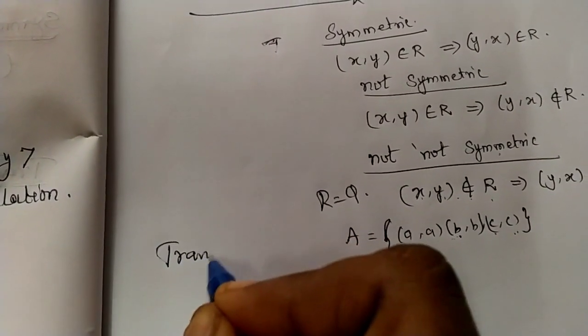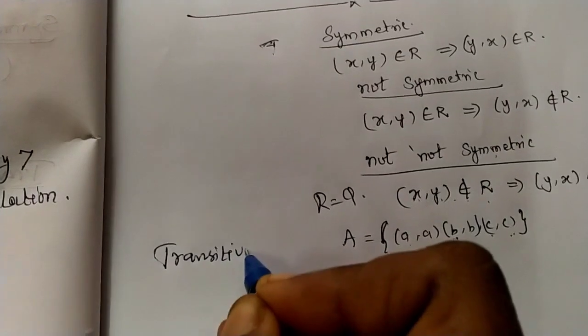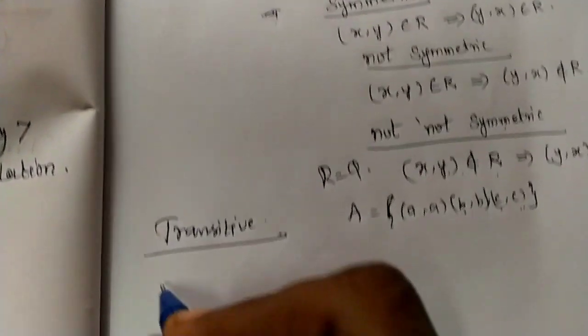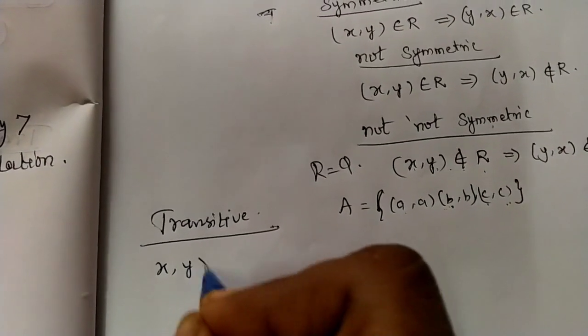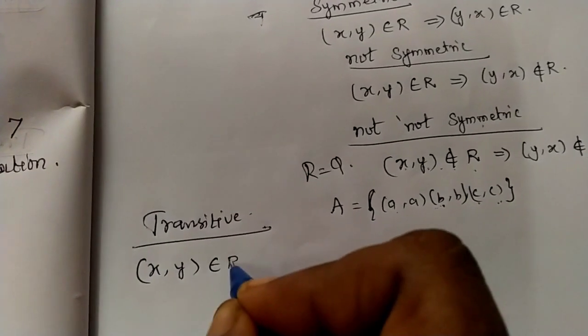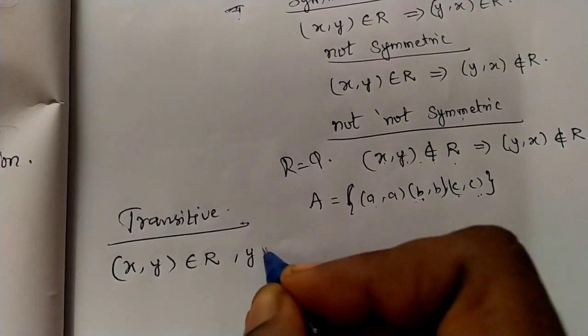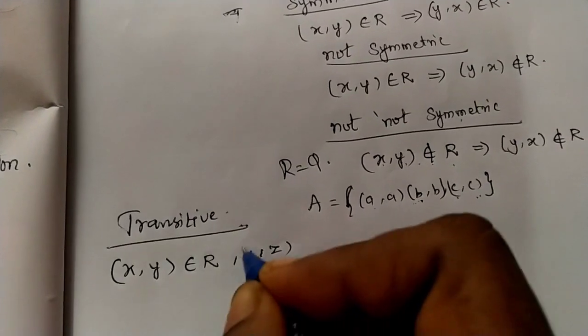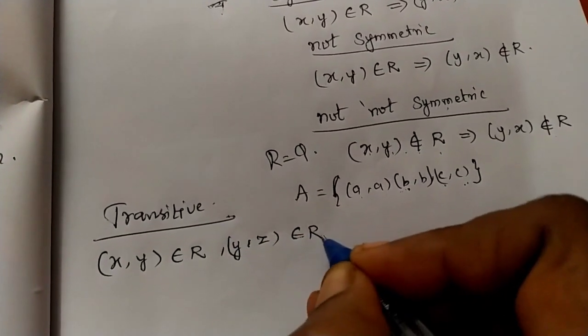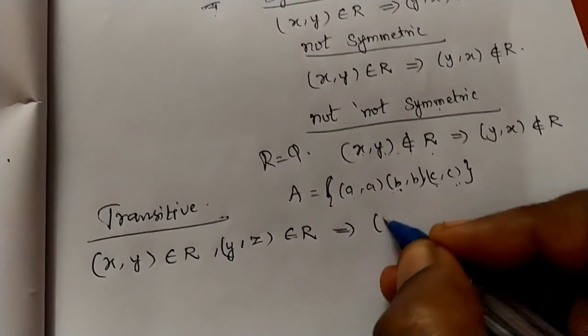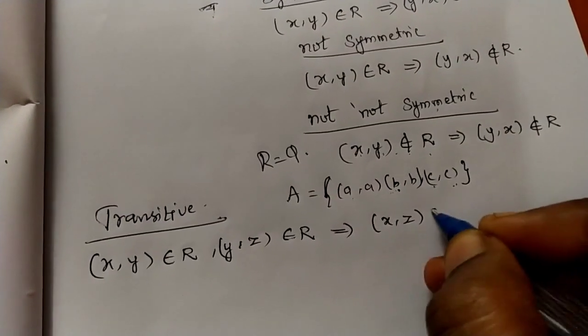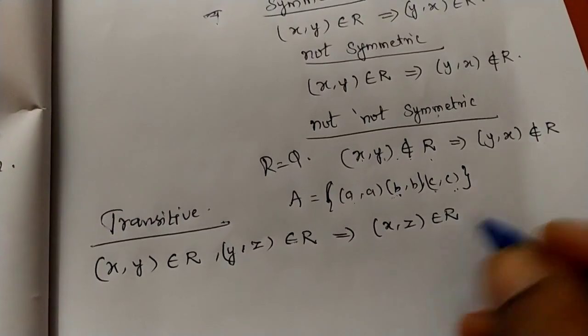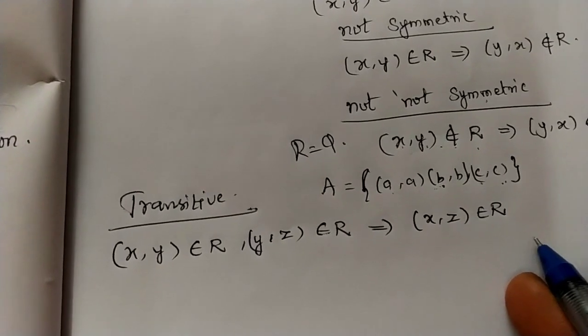And transitive. Transitive means, this is for your easy understanding: if (x, y) belongs to R and (y, z) belongs to R implies (x, z) also belongs to R, that means transitive. This one is transitive.